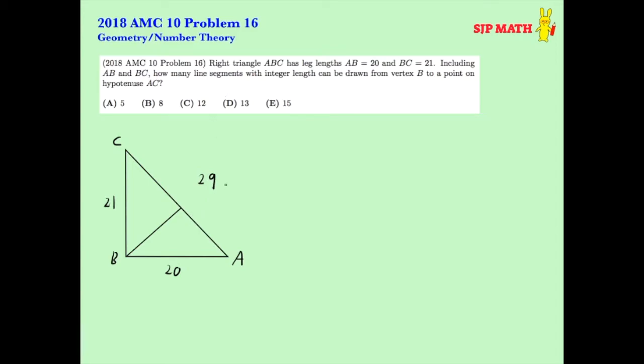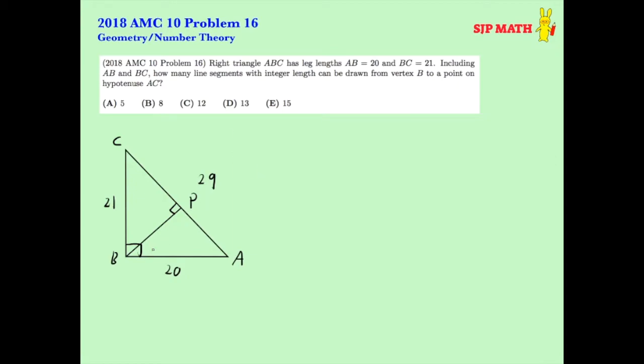So here, let's say that this is the altitude, and the right angle here. Let's say the foot of the altitude from B to AC is point P.